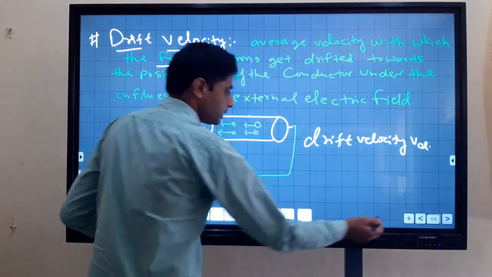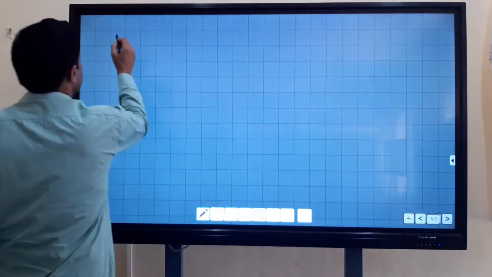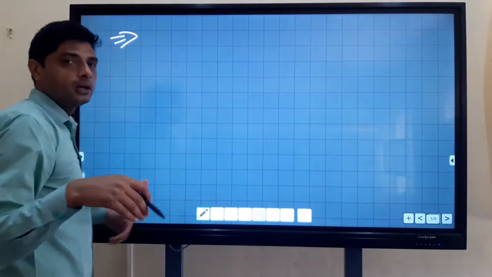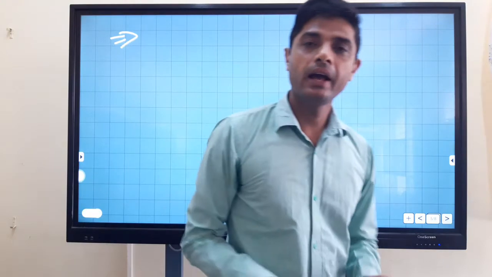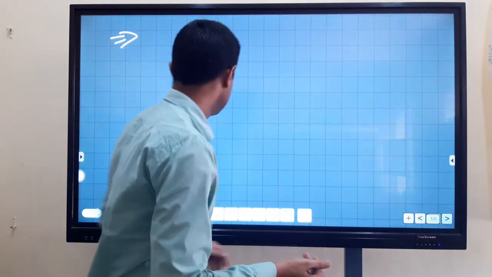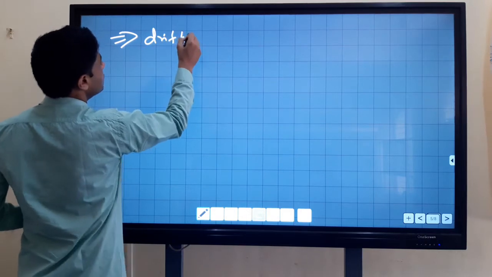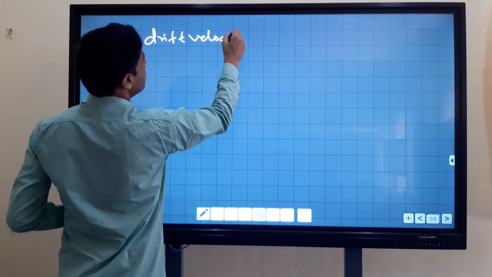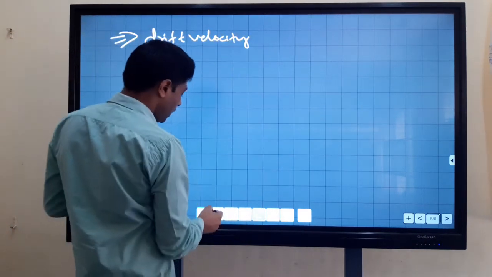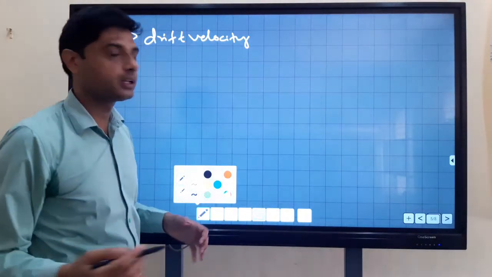So when a battery is applied across the ends of a conductor, a force acts on it.